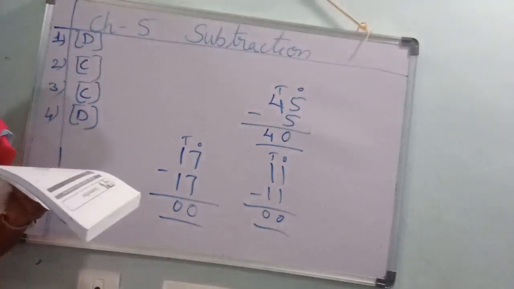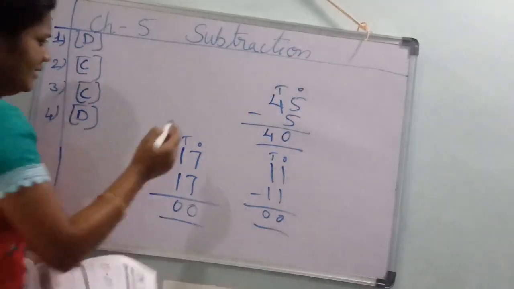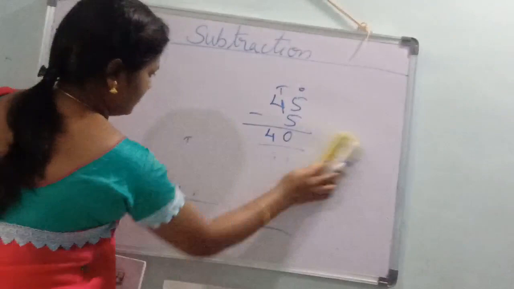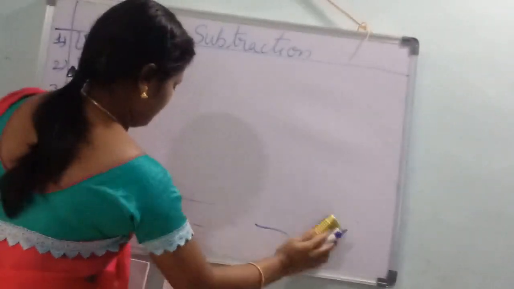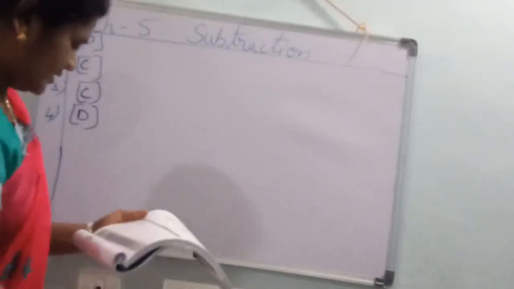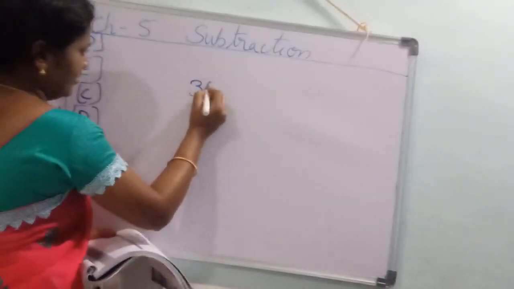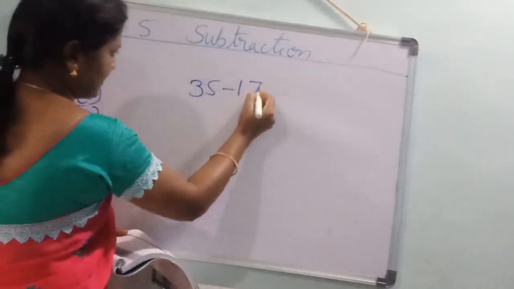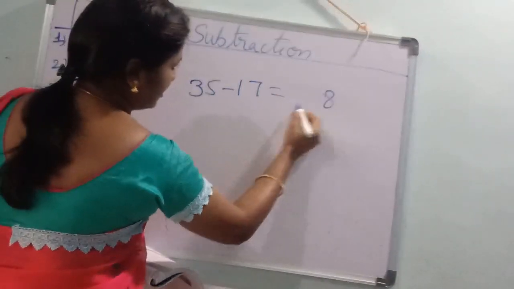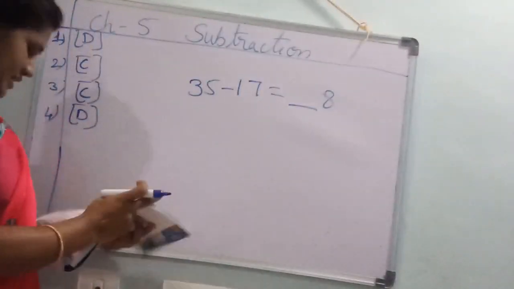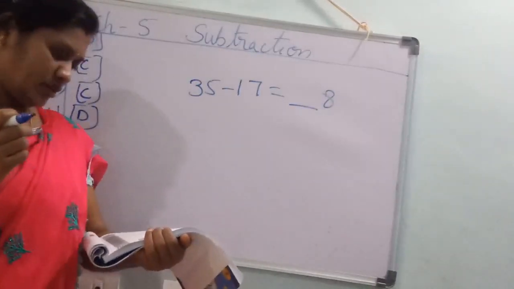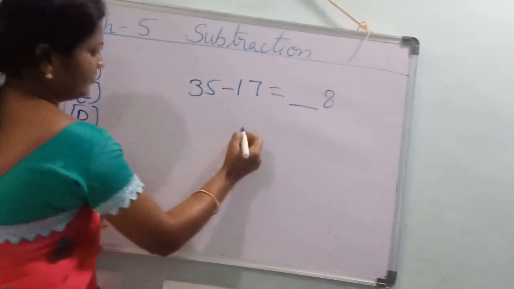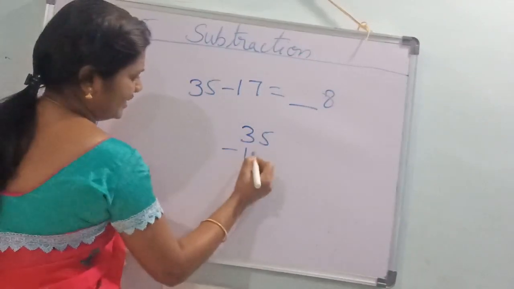Write the missing number. See? 35 minus 17 is equal to, here one number is missing. Which number will come? 2, 3, 0 or 1. See? 35 minus 7.